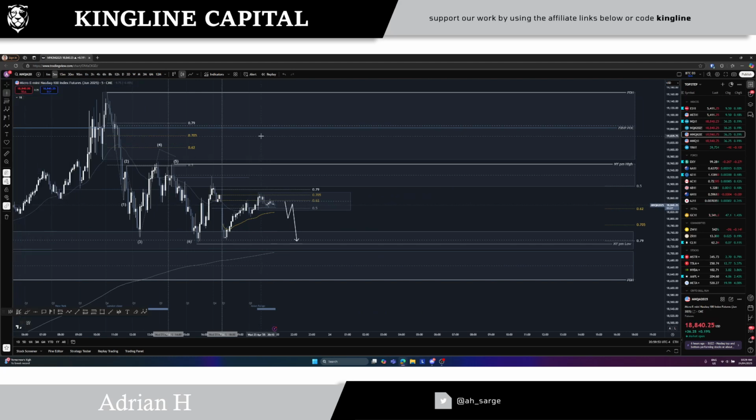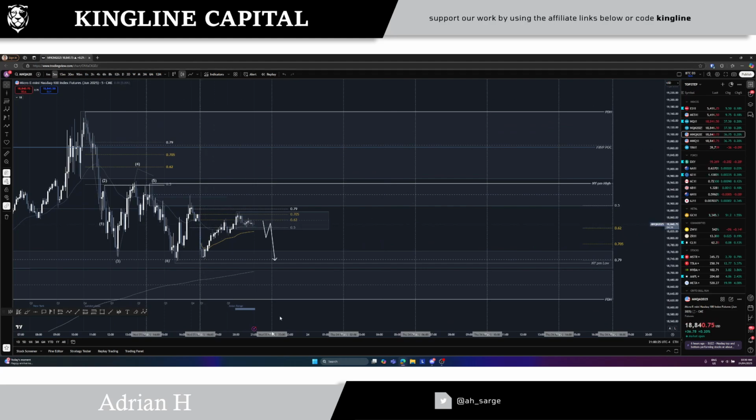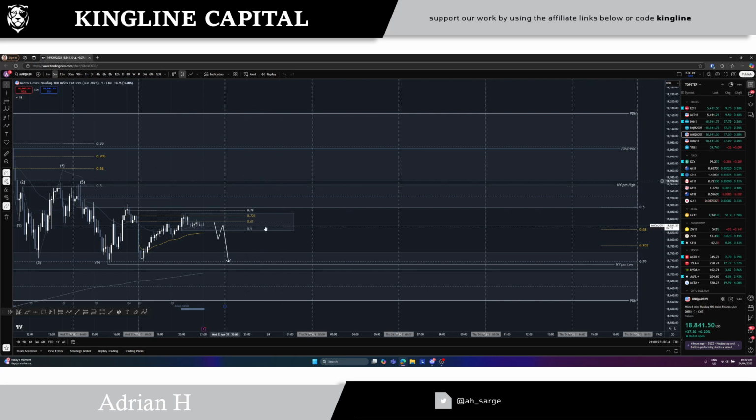Let's pop the rest of our 4 hour vertical lines on. So we've got our vertical lines here for our 4 hour candles to work with.